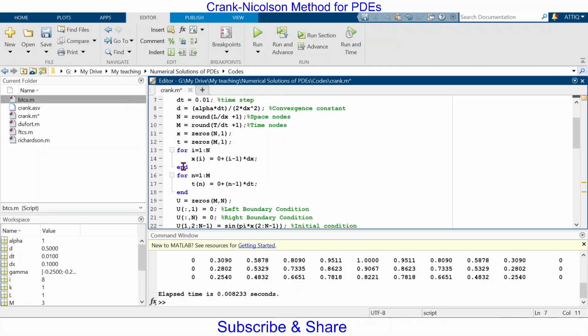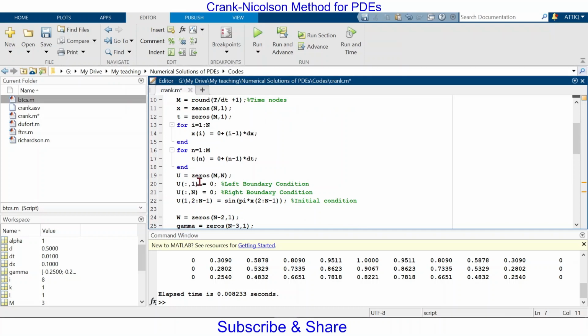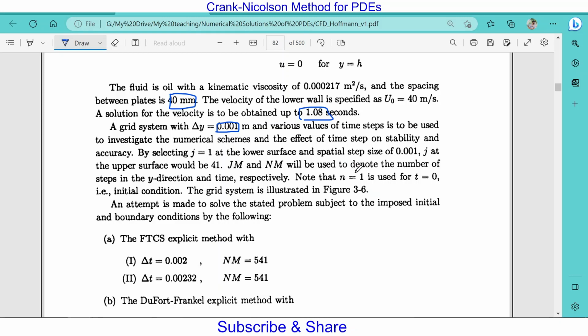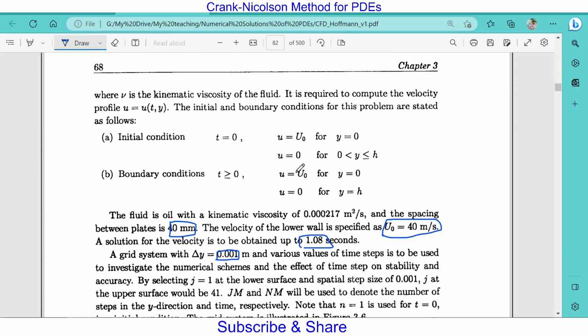The other thing that we need to change here are the boundary conditions. The left boundary condition is 40 because he mentioned that u naught is 40, and here he mentioned what the boundary condition will be. At y is equal to 0, it is u naught, and at y is equal to h, or y is equal to 0.04, it is 0.